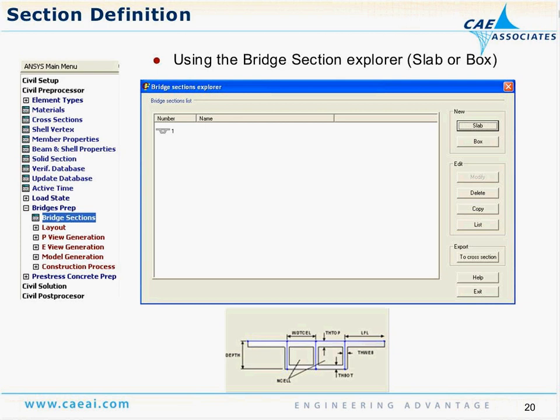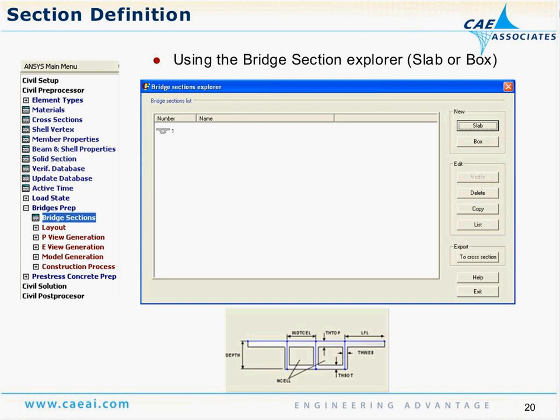In terms of the section definition capabilities, so if we're looking at the cross-section of a slab-based or box girder section, we have an option for the Bridge Section Explorer. There's a general explorer that you can make any predefined or any kind of cross-section.